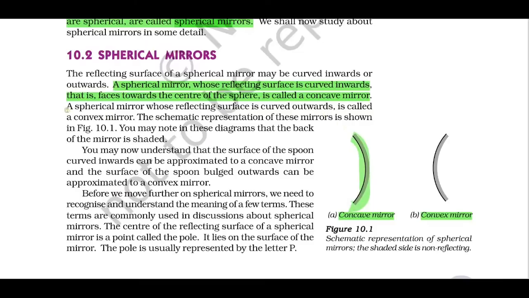A spherical mirror whose reflecting surface is curved outwards is called a convex mirror.